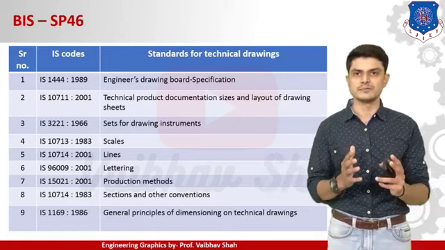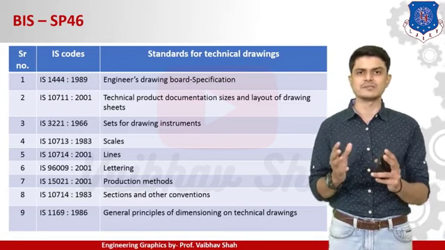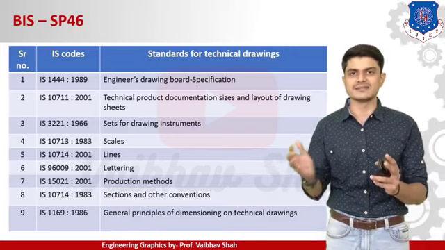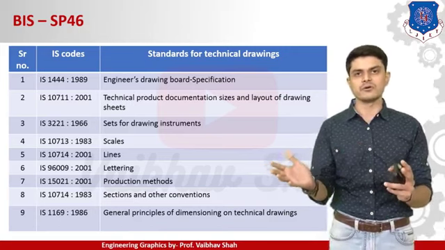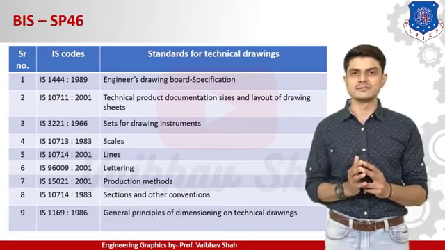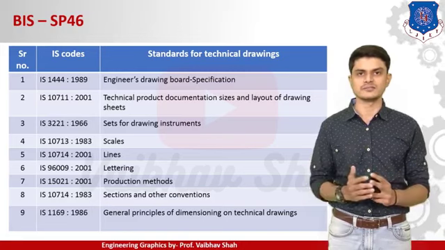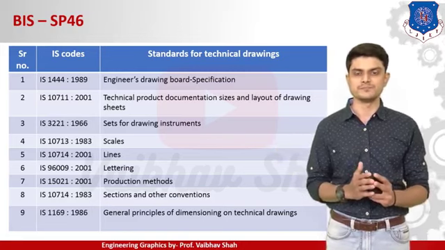You need to remember this table. There are a total of 9 standards, and you should describe each in a single line; for example, for lettering purposes we have a particular standardized letter format. You can also write this from any of your books. You need to remember this table in order to get full marks in your examination.